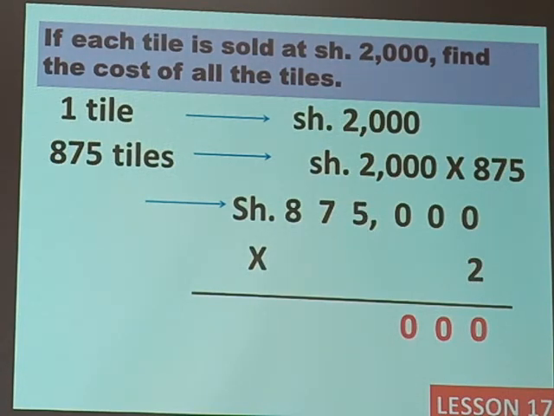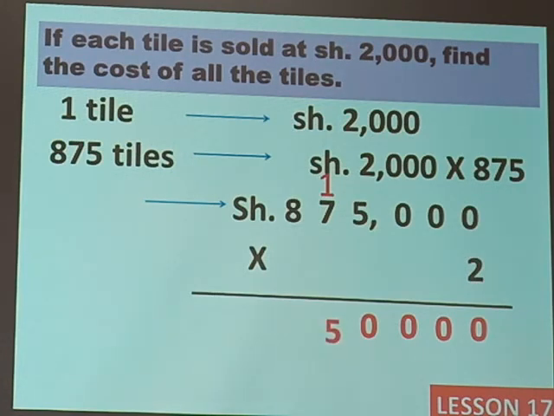Then 2 times 5, we shall get 10. So we write 0, we regroup 1. Then 2 times 7, we shall get 14. Remember, we regrouped 1, so 14 plus 1 will give us 15.